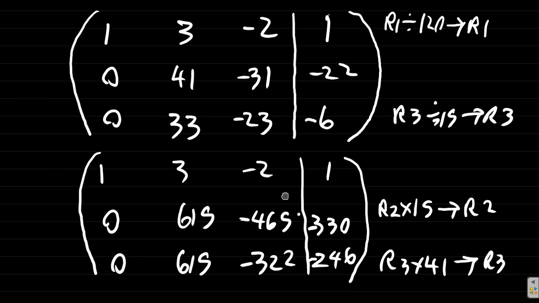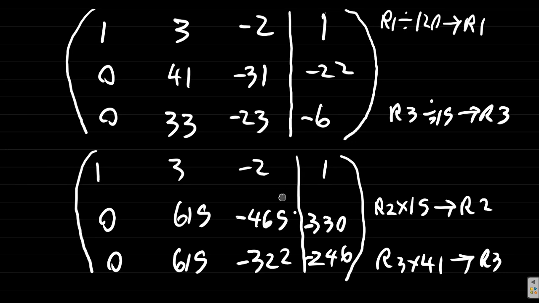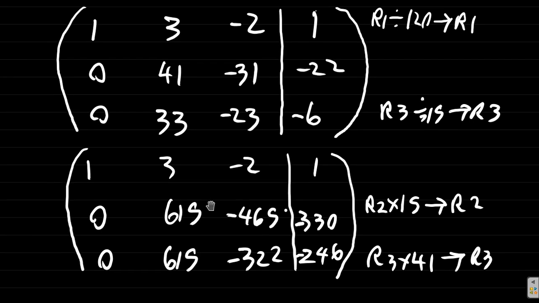Alright. So we're going to have to adjust. Let's make some adjustment here because I wrote the wrong number here. So what you have? Row 2 times 33, not 15.